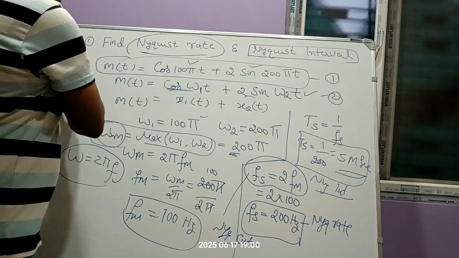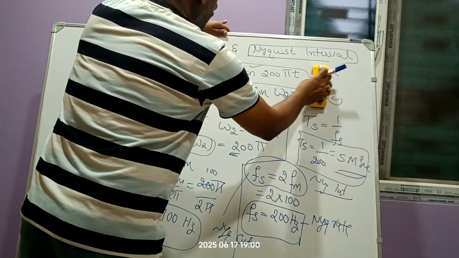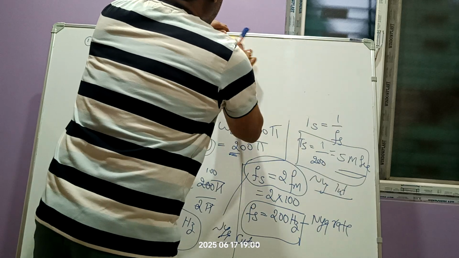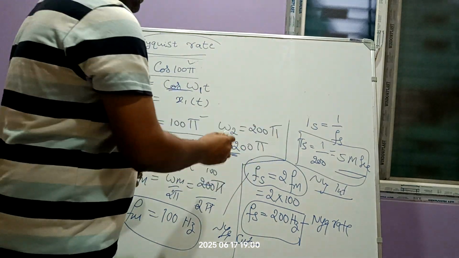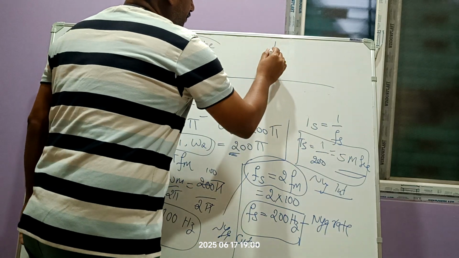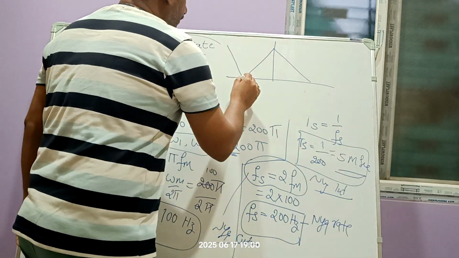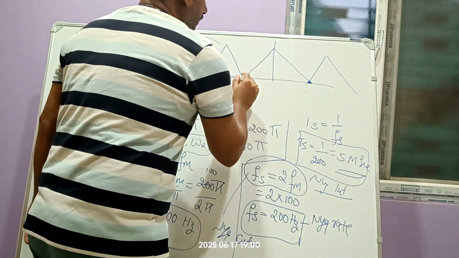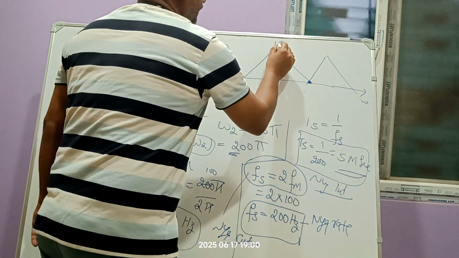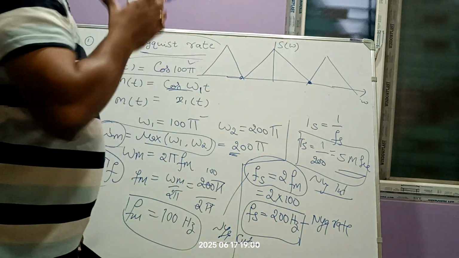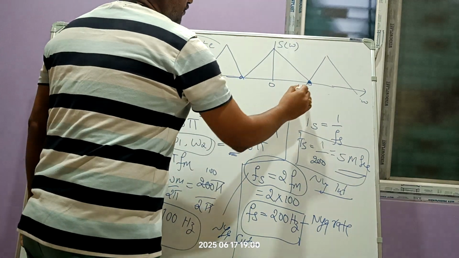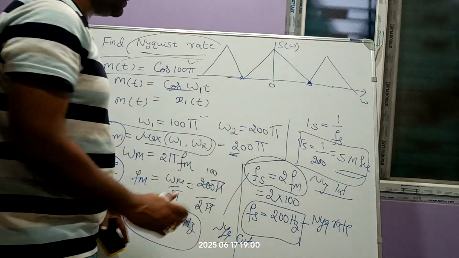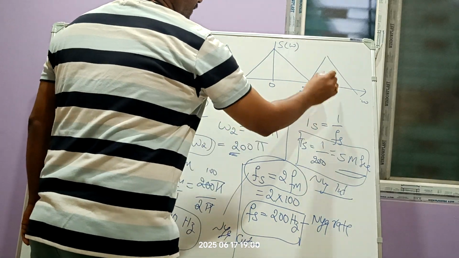So here, suppose if we draw this waveform, how we should get this sampling rate is, in the frequency domain I will write it. So this is just touching each other, like this. This is S of omega, right? This is 0. This is omega m. What is the value of omega m here? We got omega m as 200 pi, right?